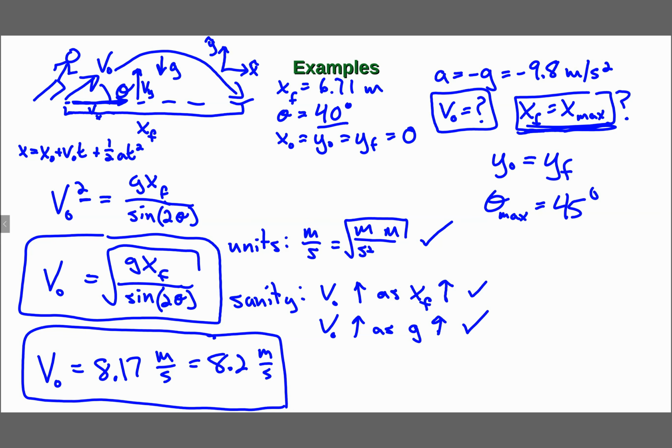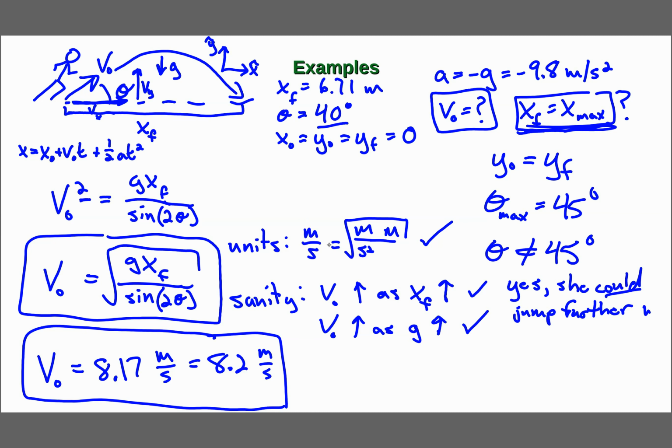So if that's true, and we see that theta is not equal to 45 degrees, then the answer is yes, she could jump further with the same v naught.